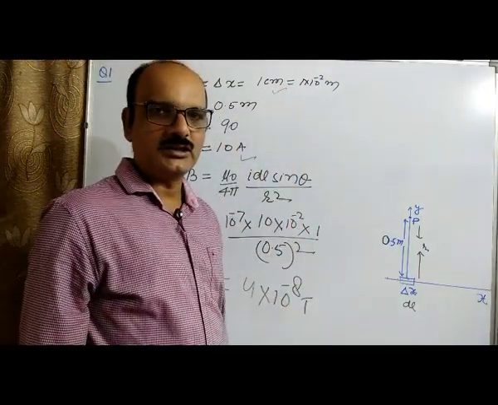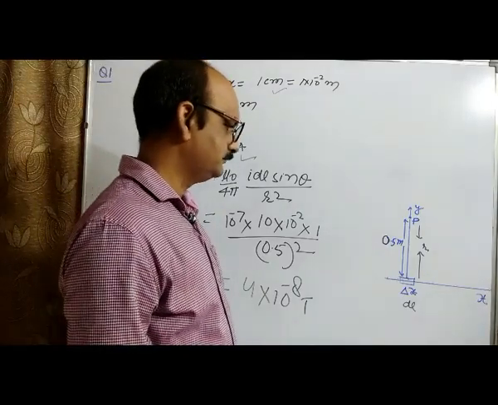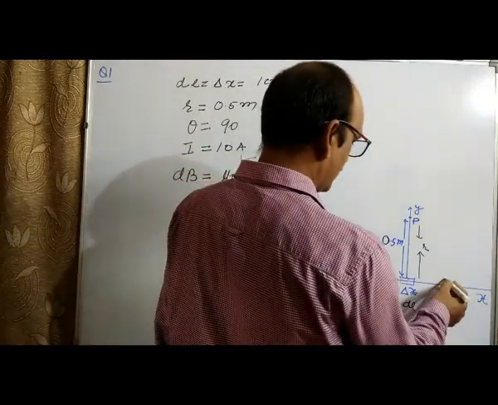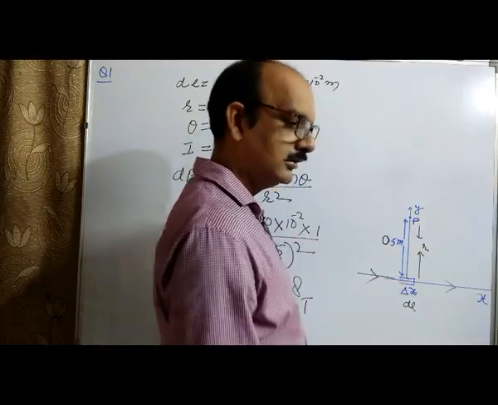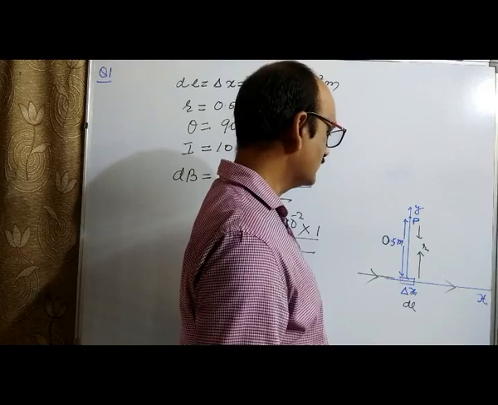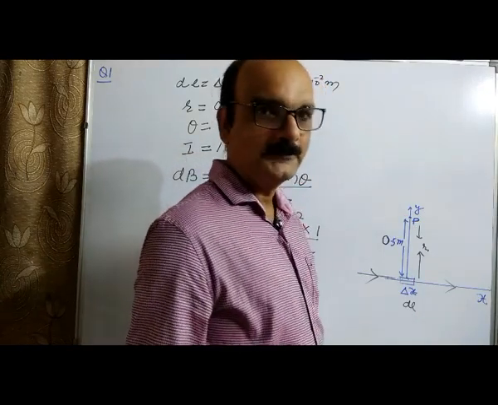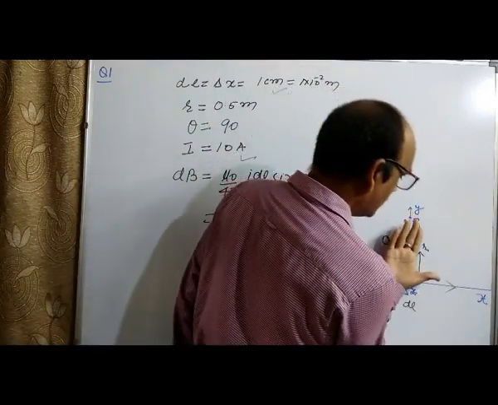Now we are going to discuss what is the direction of magnetic field. Right. Now here current is flowing in this direction. This is the direction of the current, and we have to find out the magnetic field at the point P. Then use the right hand palm rule.